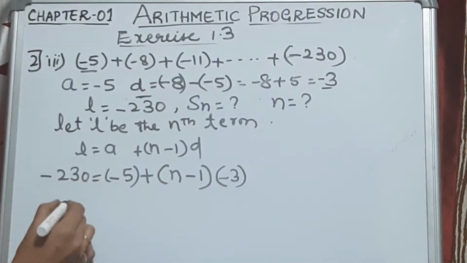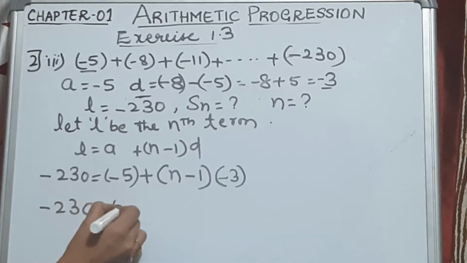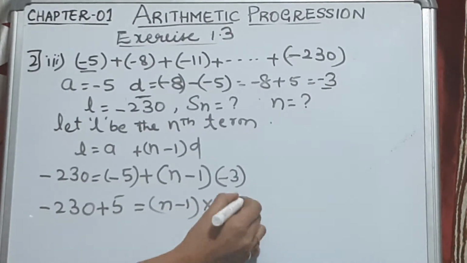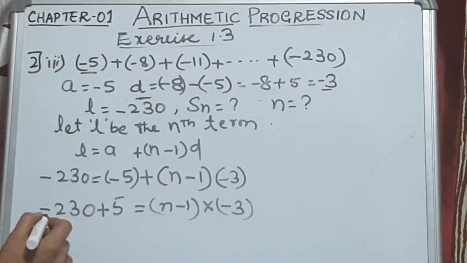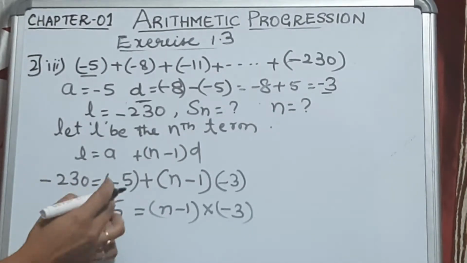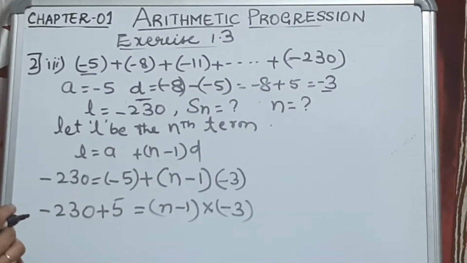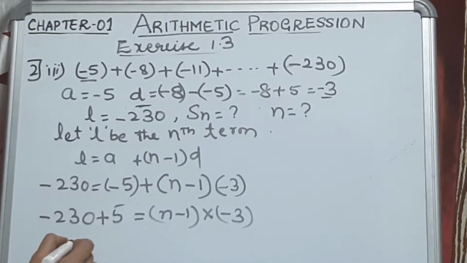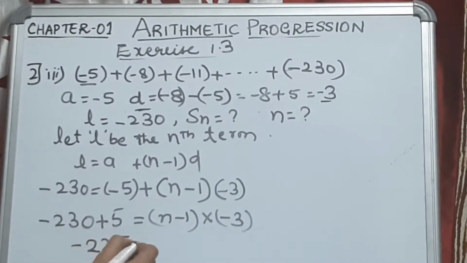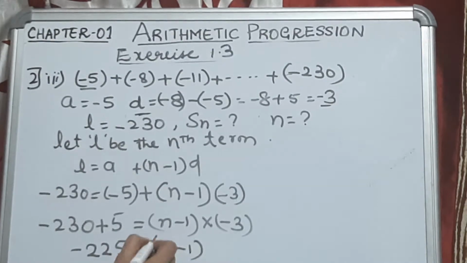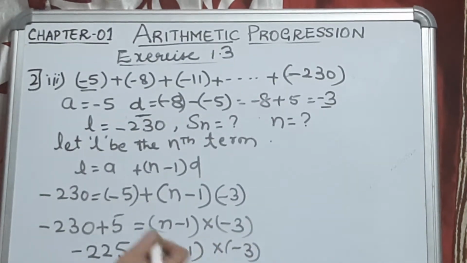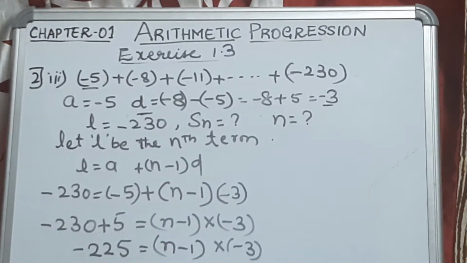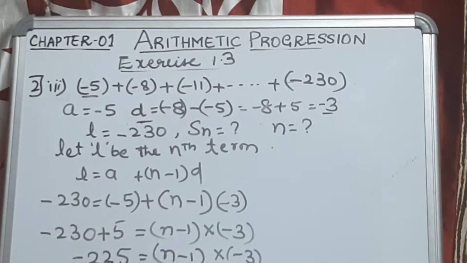Now minus 230. Taking this minus 5 to this side, it becomes plus 5. So minus 230 plus 5, a minus and a plus means subtraction, is minus 225, equal to (n minus 1) into minus 3. Taking minus 3 to this side, it becomes divide.